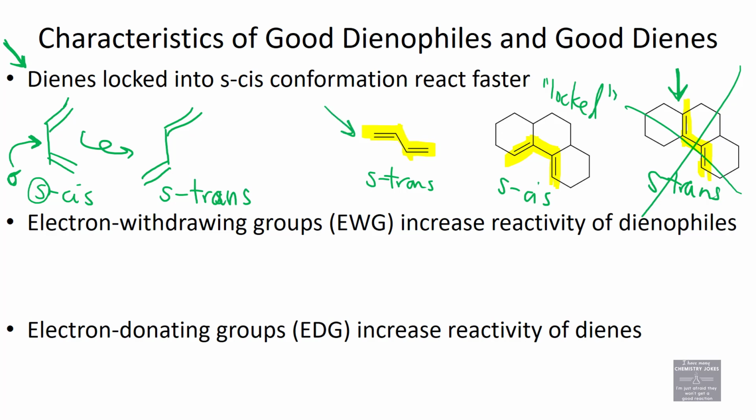This very first one, it's actually 1,3-butadiene. It's the same thing that we just saw. Rotation can happen to put this into an S-cis conformation, but it spends more time in the S-trans. So if I were ranking these, I would rank the middle one as number 1, it's the fastest.